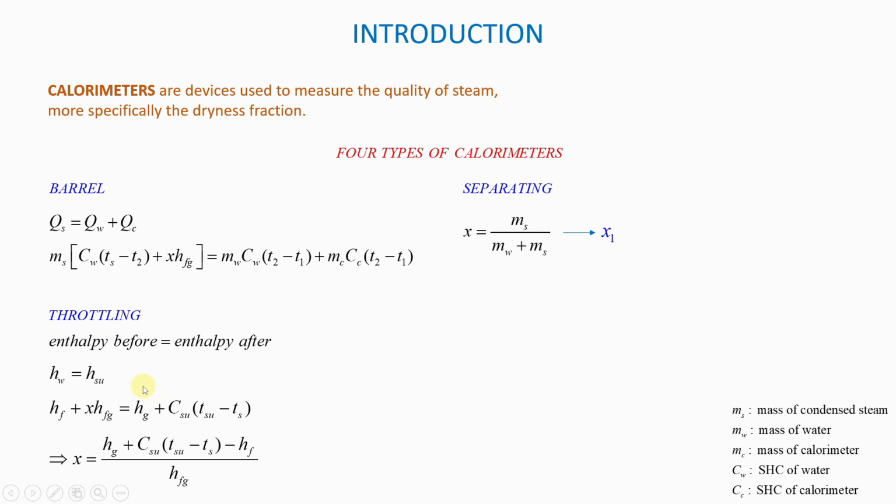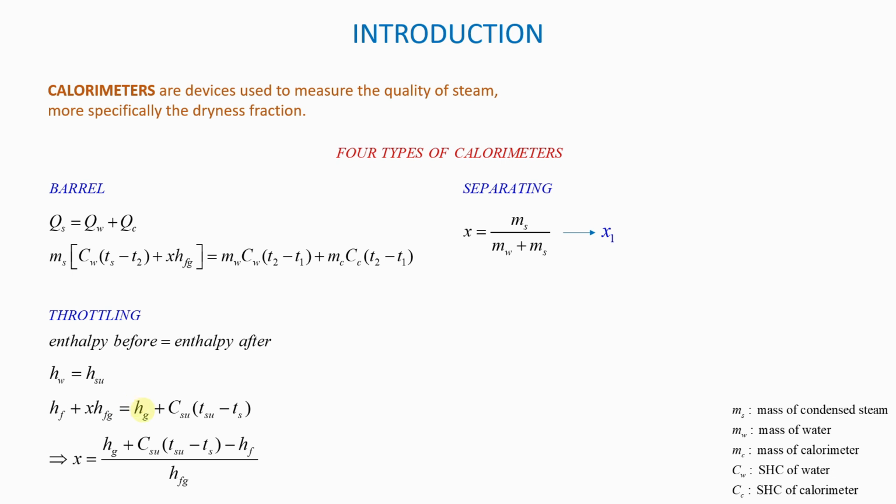These are not at the same pressure. HF and HFG are at the same pressure, which is the pressure before throttling, but Hg here is at the pressure after throttling, okay? So you read them accordingly when you are reading values from your steam tables.